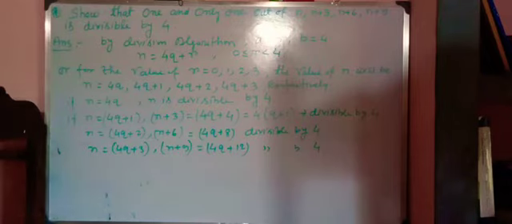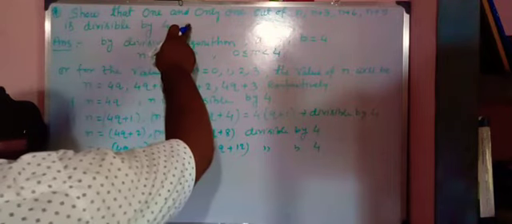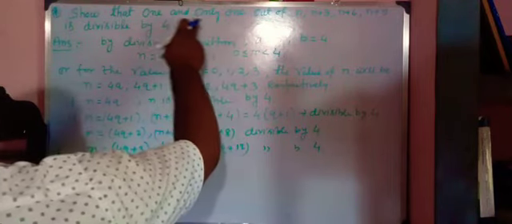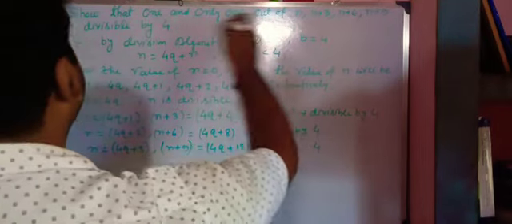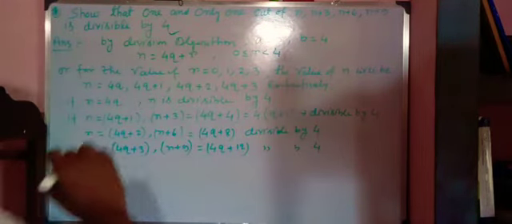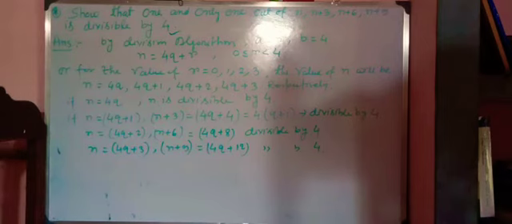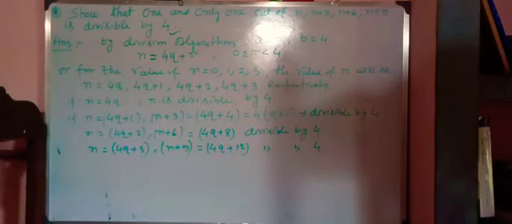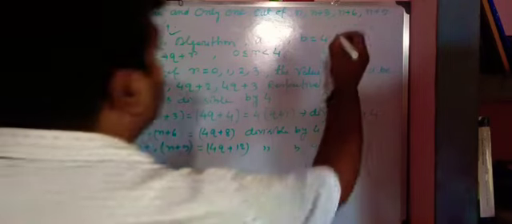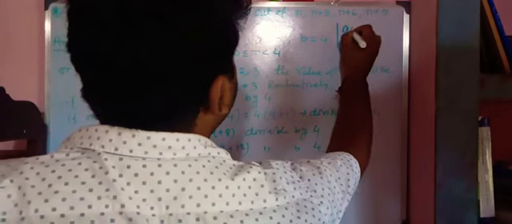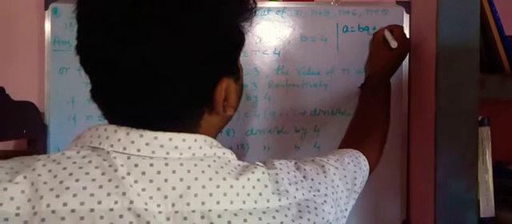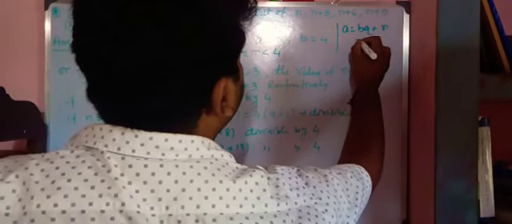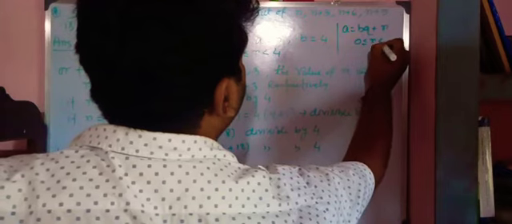So that's the proof that one and only one out of these is divisible by 4. This proof is by the division algorithm theorem, where a is equal to bq plus r, where 0 less than or equal to r less than b.